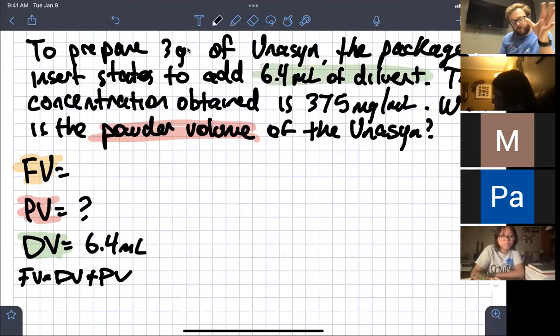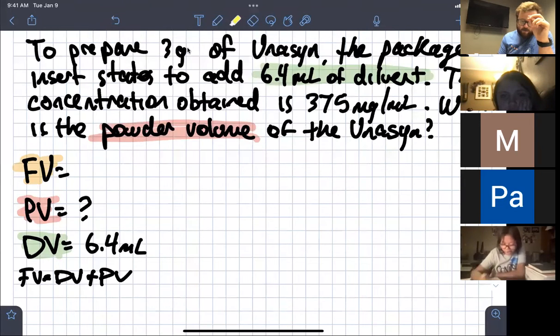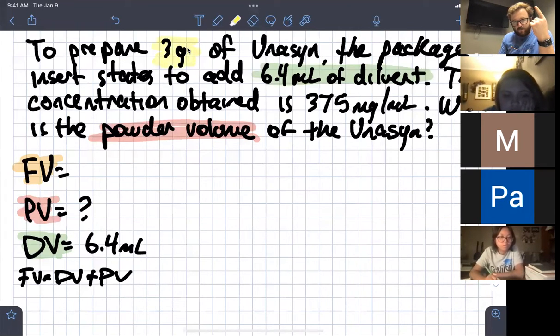All right, so let's go back to our final volume because we're going to have to do a little bit of math. I'm going to highlight in yellow my important things that I'm going to need to do this. Number one, I'm going to need to know how much drug I have. How much drug do I have in this problem? 3 grams. Perfect.